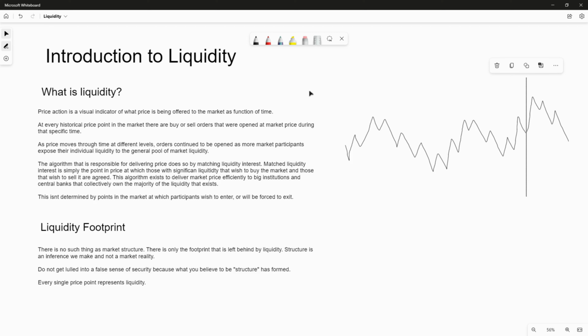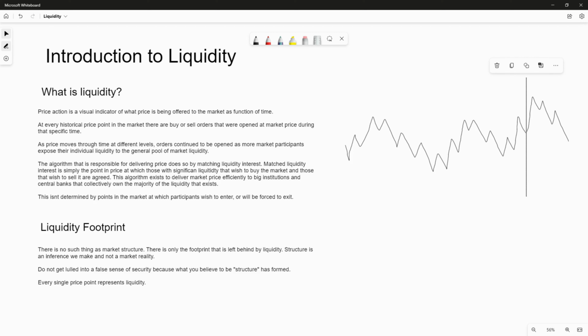Now, as I had said before, I do believe that there's an algorithm that's responsible for delivering price in the market. And this algorithm does so to deliver price to the major market participants. And these are those with enough significant liquidity. So those would be your banks, primarily your central banks, those that actually have or own most of the liquidity that's in the market.